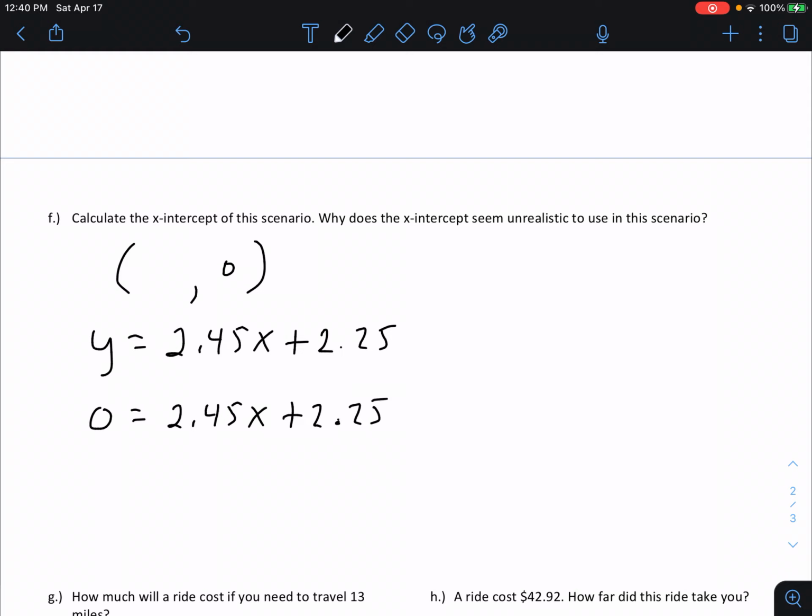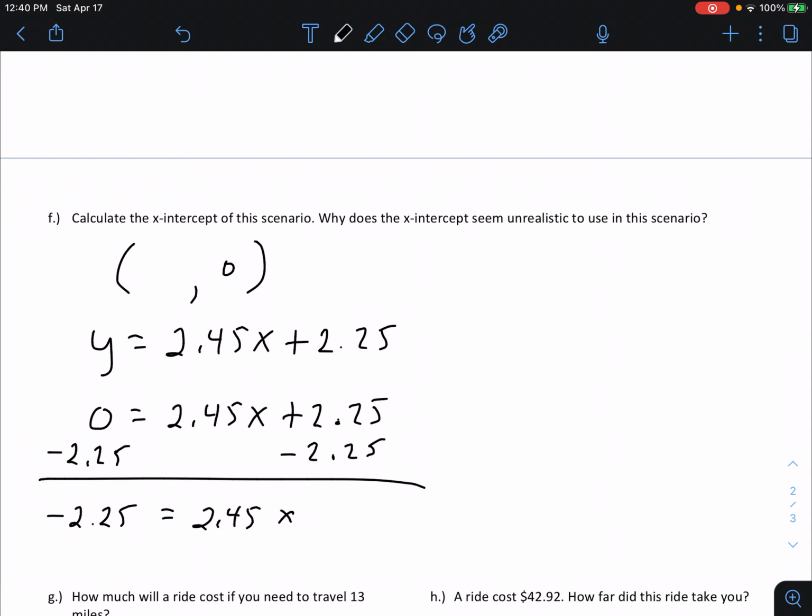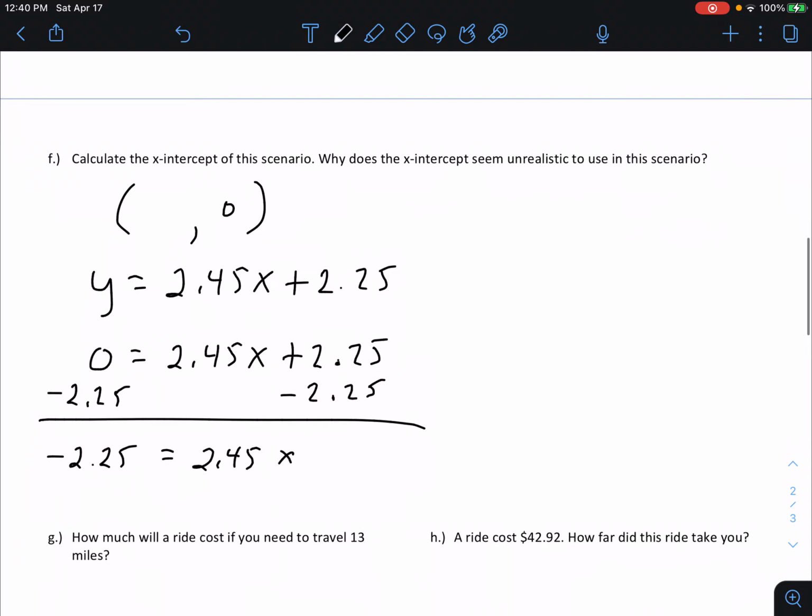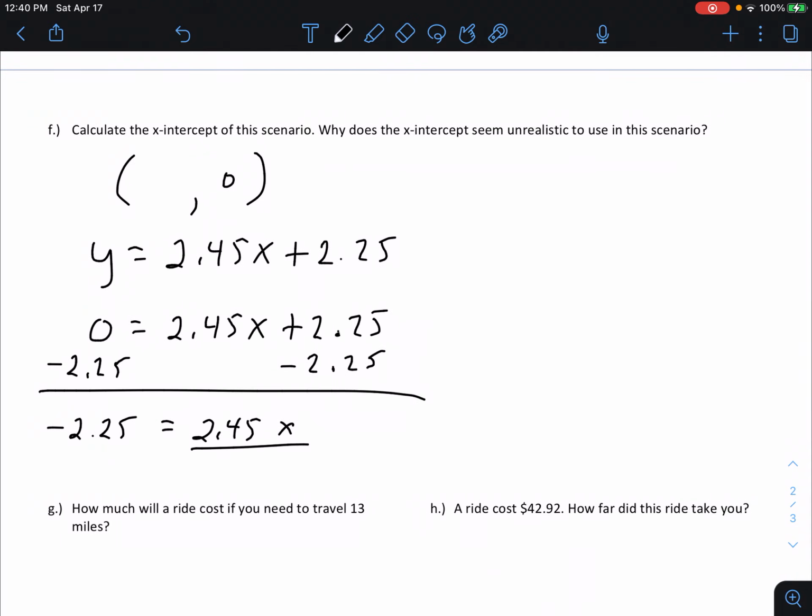Okay, that's a decimal there. I'm going to subtract that. Okay, so then I have negative 2.25 equals 2.45x. And then I'm going to divide by 2.45.